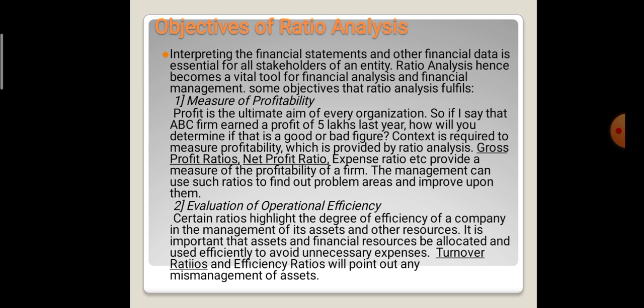Context is required to measure the profitability, which is provided by ratio analysis. Gross profit ratio, net profit ratio, expense ratio, etc. provide a measure for the profitability of a firm. The management can use such ratios to find out problem areas and improve upon them.